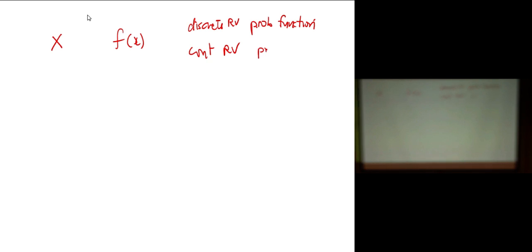So usually it will be represented by a function, I call it f of x, and for a discrete random variable it is called the probability function, and for continuous random variables it is called the probability density function.